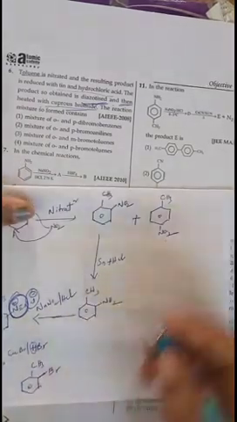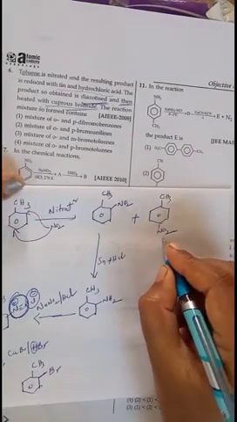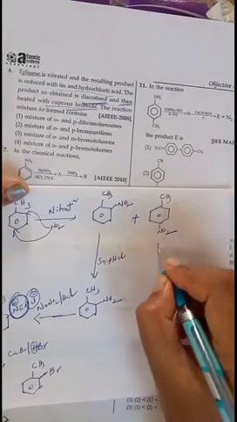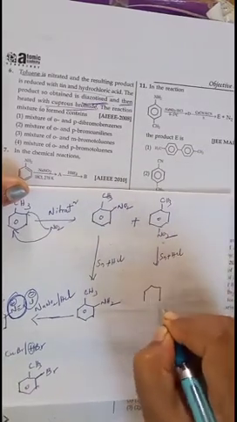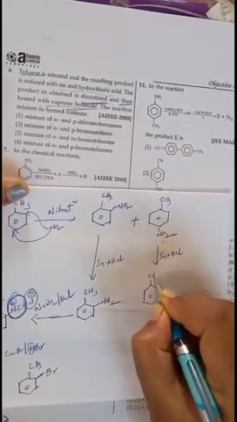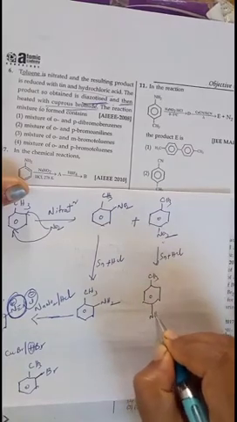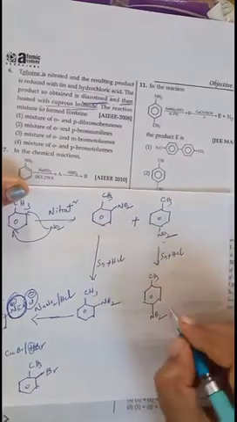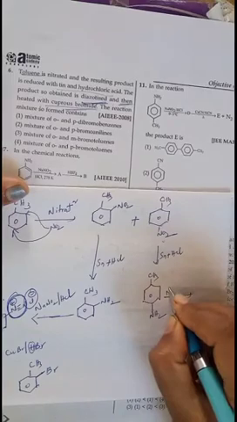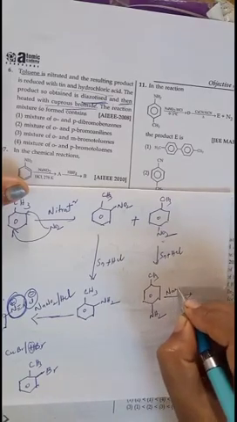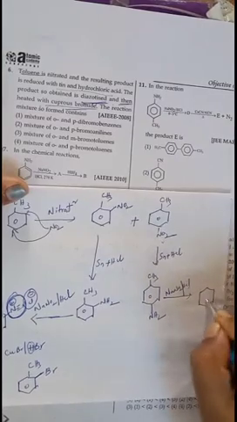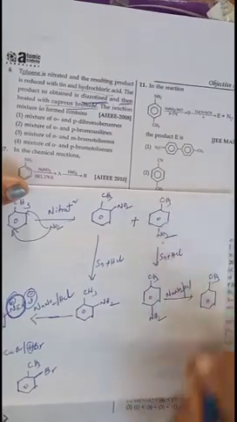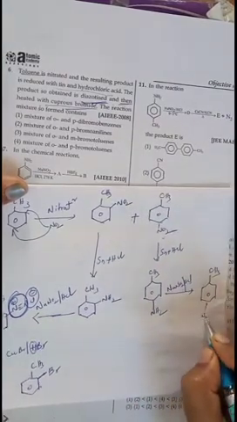Next one, C. When this para-nitrotoluene undergoes reduction with tin and HCl, what you will get? CH3 here and NH2 here. Para-aminotoluene is obtained, which again on diazotization, NaNO2 and HCl, first converts into diazonium salt. CH3 here as it is, in this place N2Cl is obtained.